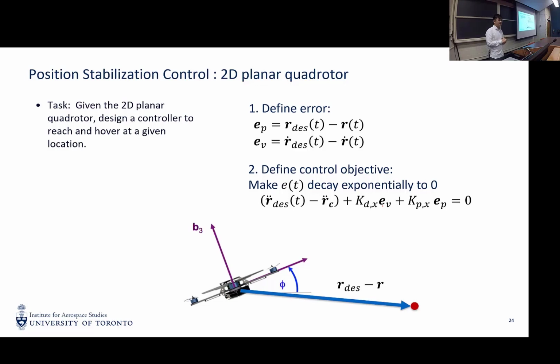The most important task for a quadrotor is to hover at a given location, either for surveillance or delivery or some other missions. So we want the position error to converge to 0, and also the velocity error to converge to 0 as time goes to infinity.